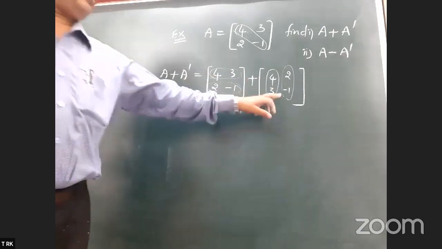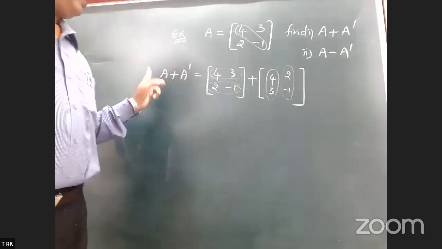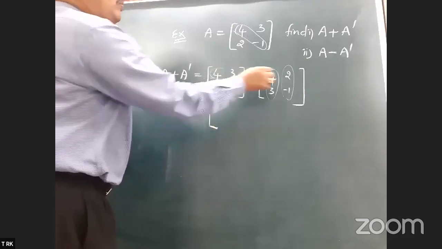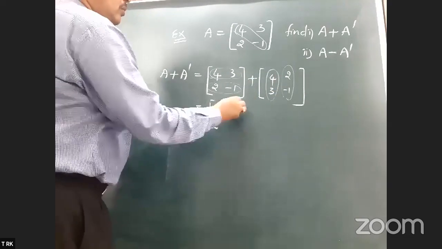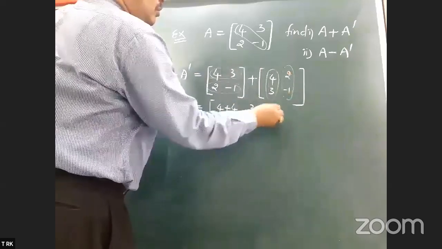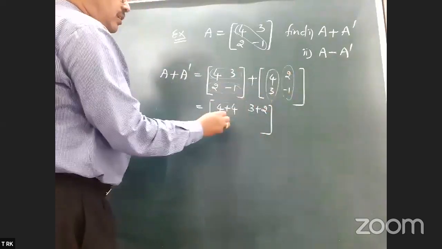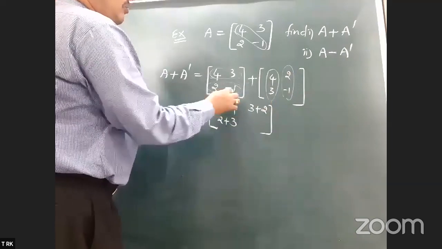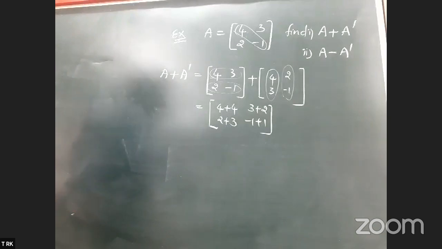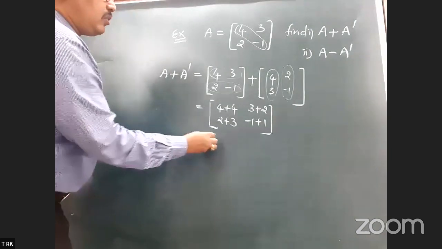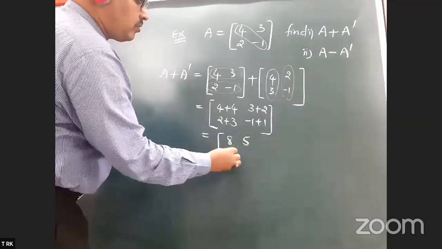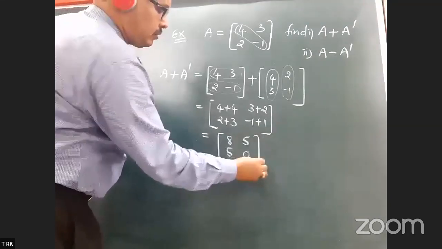A dash: interchange rows and columns of A. So this is equal to 4 plus 4, 3 plus 2, 2 plus 3, minus 1 plus minus 1 is equal to 8, 5, 5, 0.